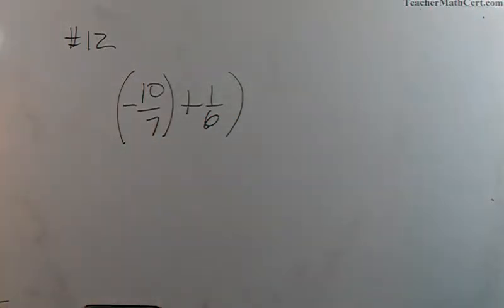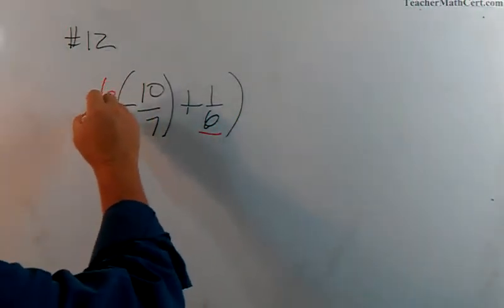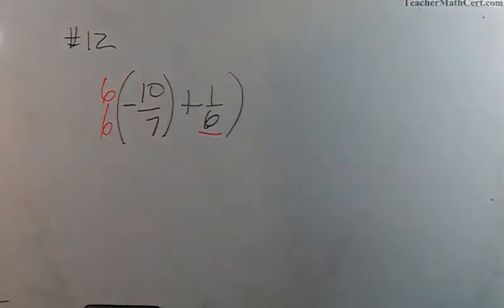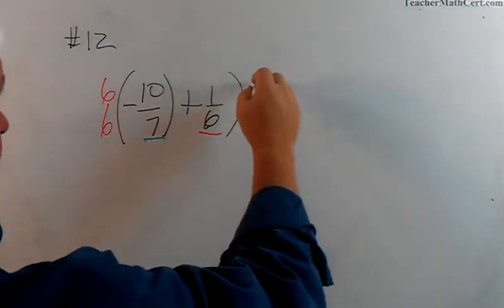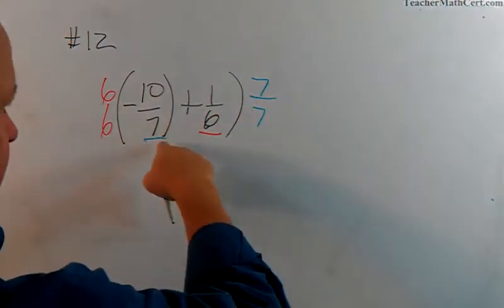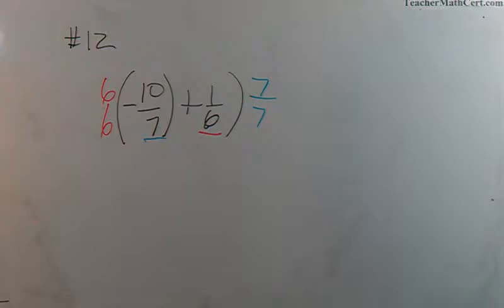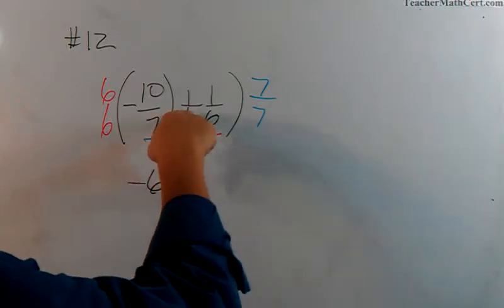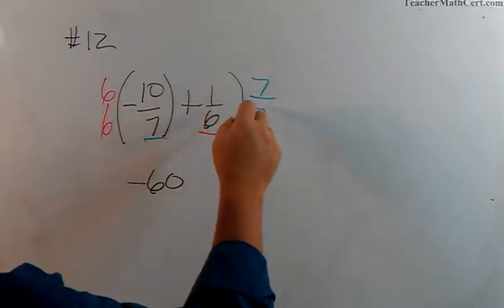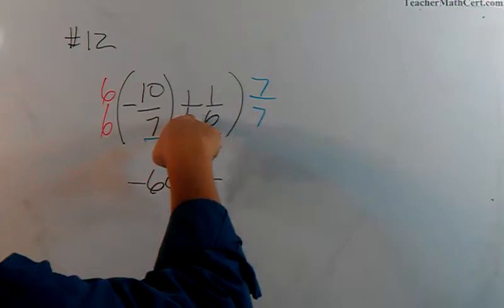We take this 6, multiply the numerator and the denominator of the opposite fraction. Take this 7, multiply the numerator and the denominator of the opposite fraction, right? 6 times negative 10 is what? Negative 60. 1 times 7, we're adding this, right?